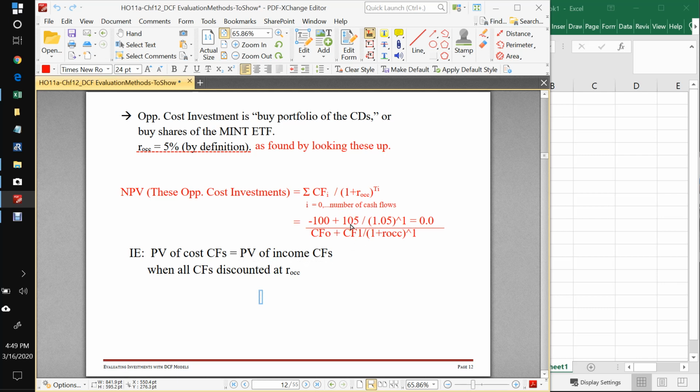Here's our income cash flow, and here's our discounting of it. And we find this one is equal, in magnitude, to that one, so we add them up algebraically and we get 0.